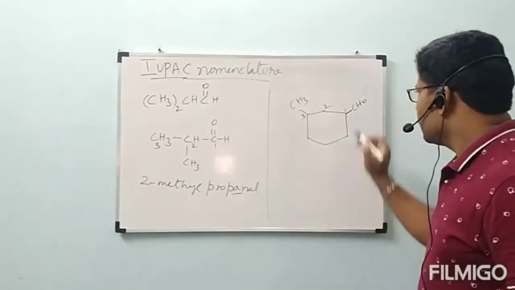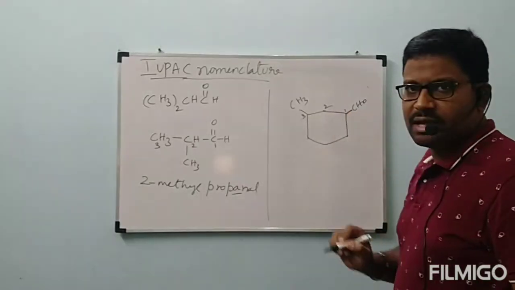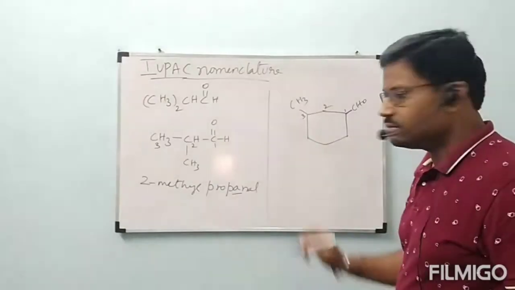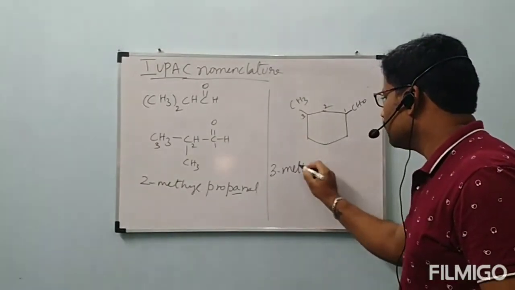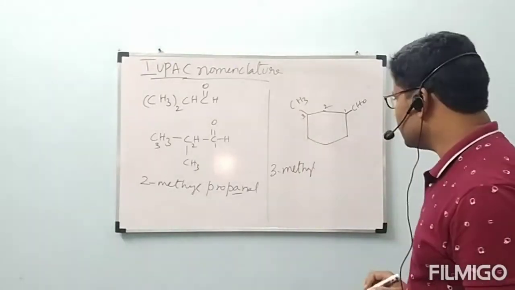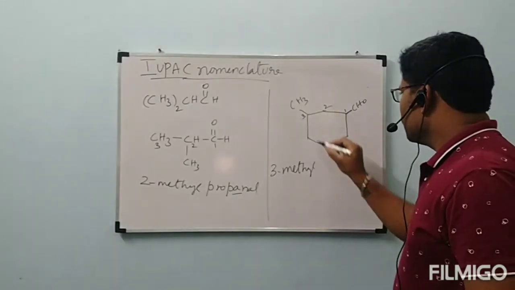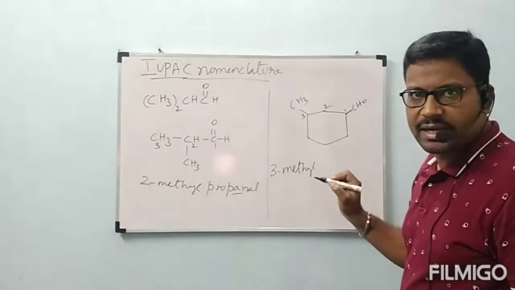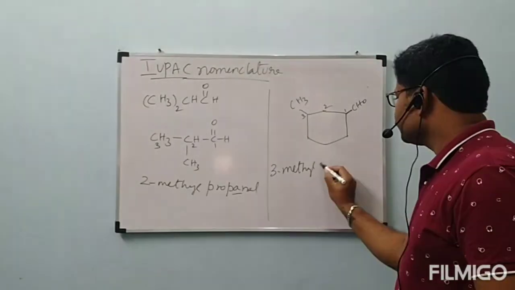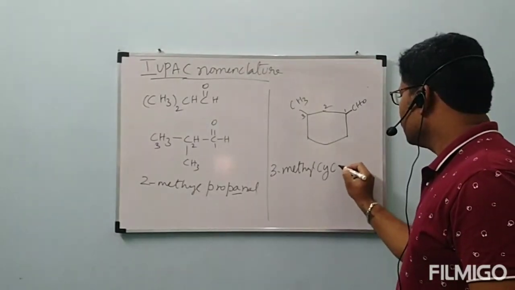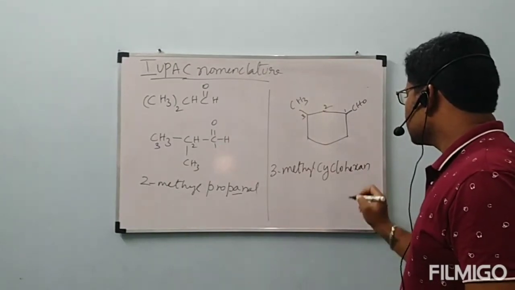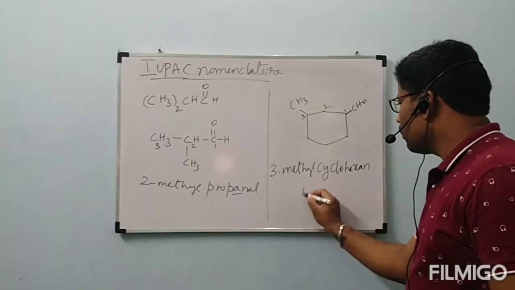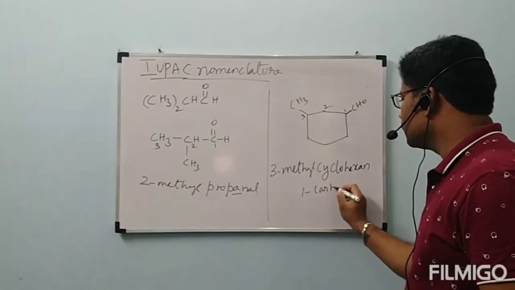Now 1, 2, 3: on the third carbon atom we have a methyl group. So the name is 3-methyl cyclohexane, 1-carbaldehyde.